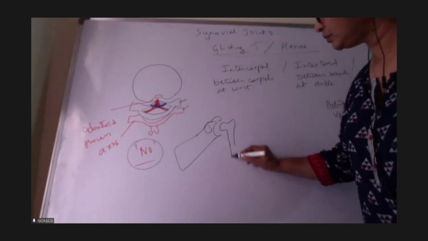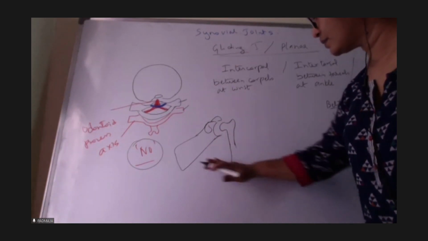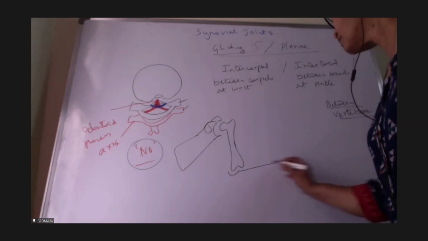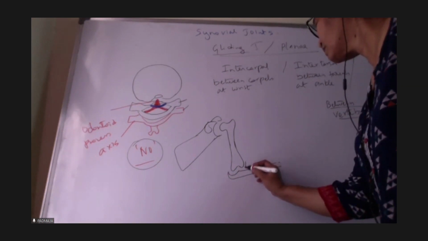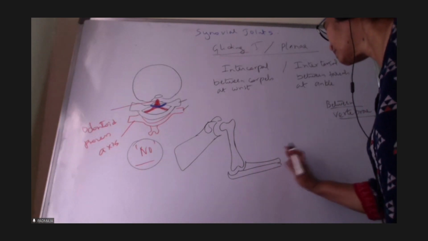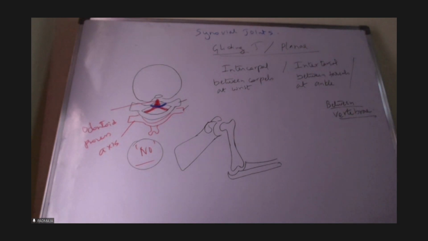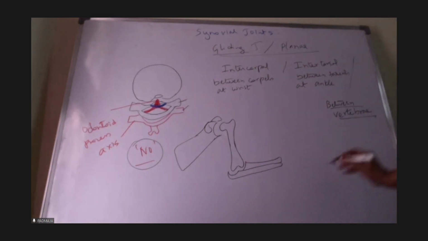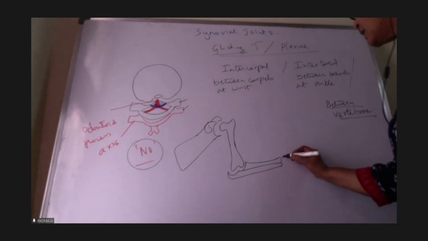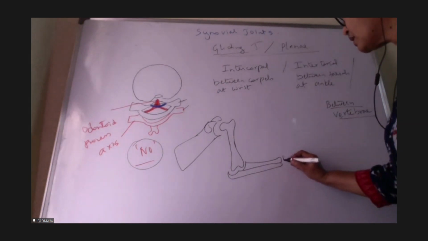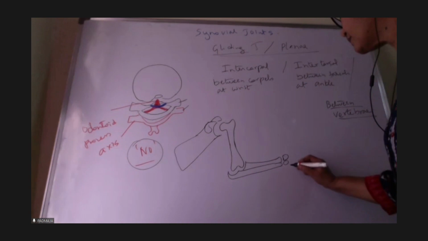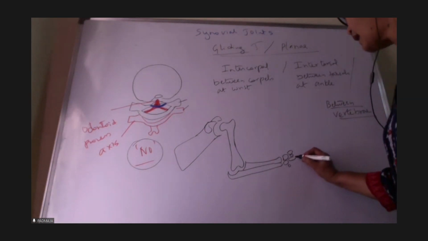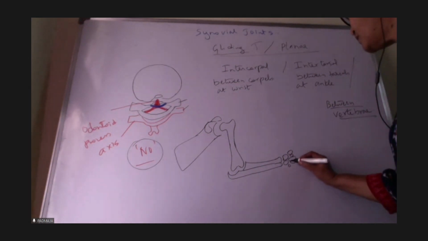So here, the humerus. If you remember those carpals: scaphoid, lunate, here it is pisiform, trapezium, trapezoid, capitate, hamate, triquetrum.